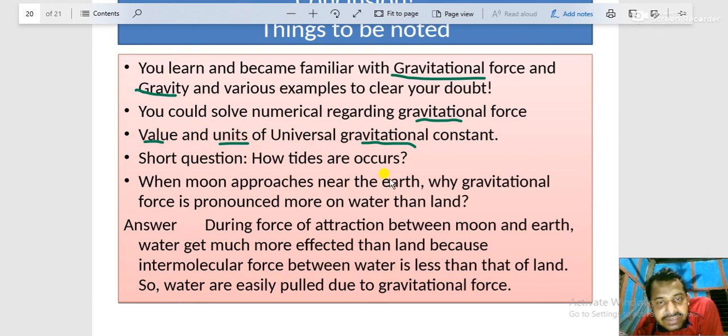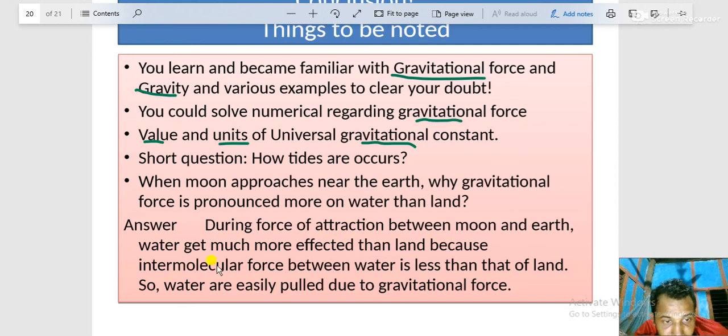And how tides occur. I told you, when the moon approaches near the earth, why is gravitational force more pronounced on water than land? Both questions are the same. How tides occur means due to the force of attraction between moon and the earth. When moon and earth are near to each other, the force of attraction will be more.